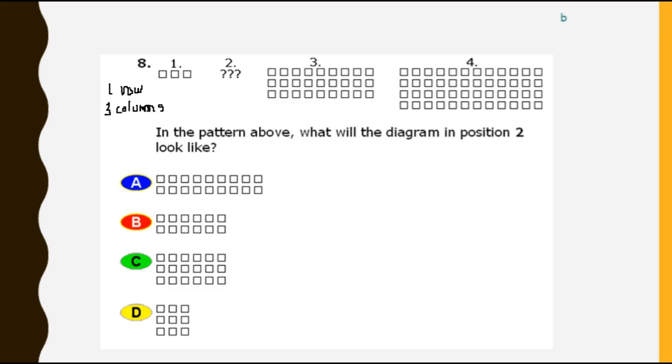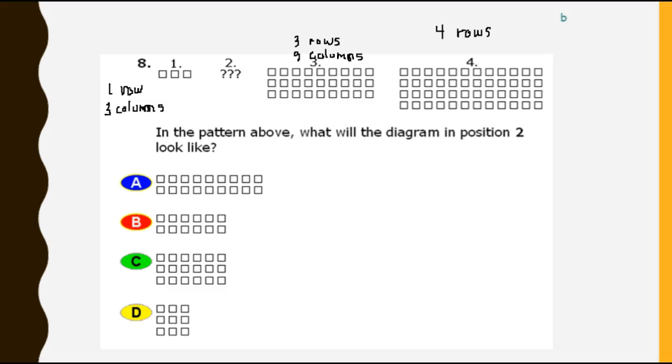Okay, so we don't know anything about 2 yet, but for number 3, it has 3 rows, and it has 9 columns. Okay, and number 4 has 4 rows.